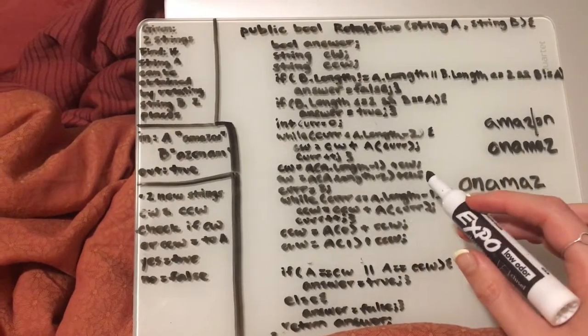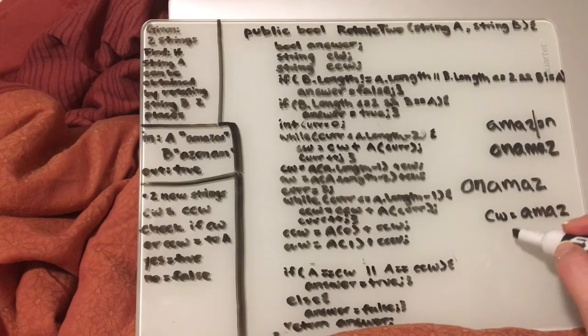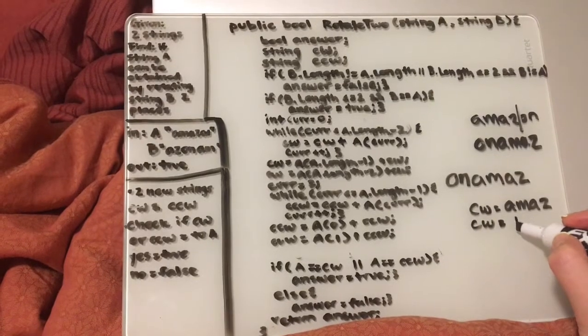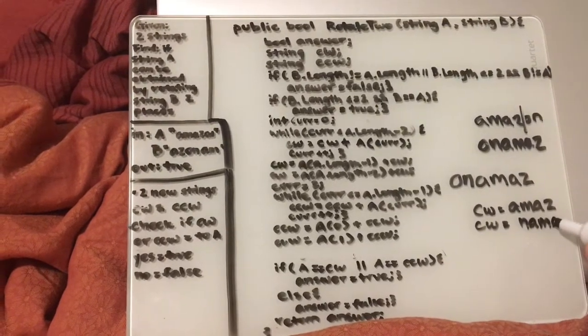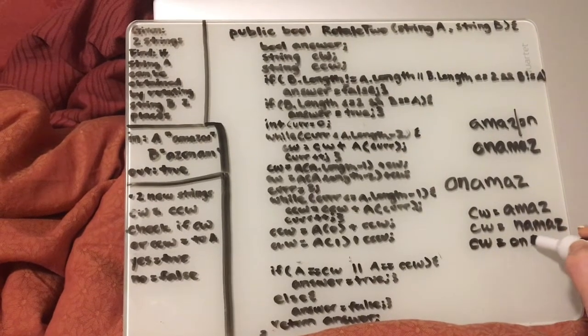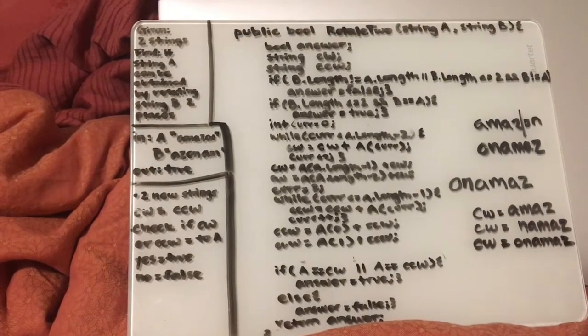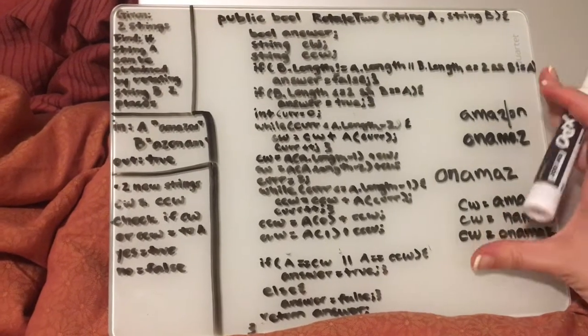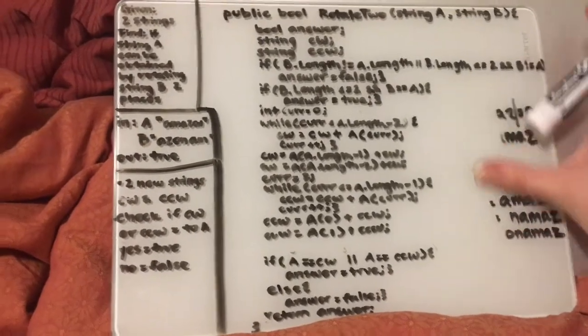Then we're going to add to the beginning, we're going to say CW is equal to O-N-A-M-A-Z. So that's our CW has gotten to what we want.